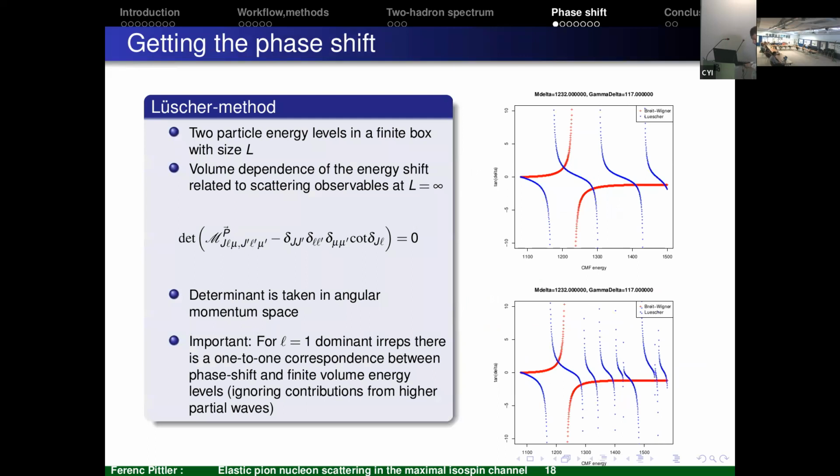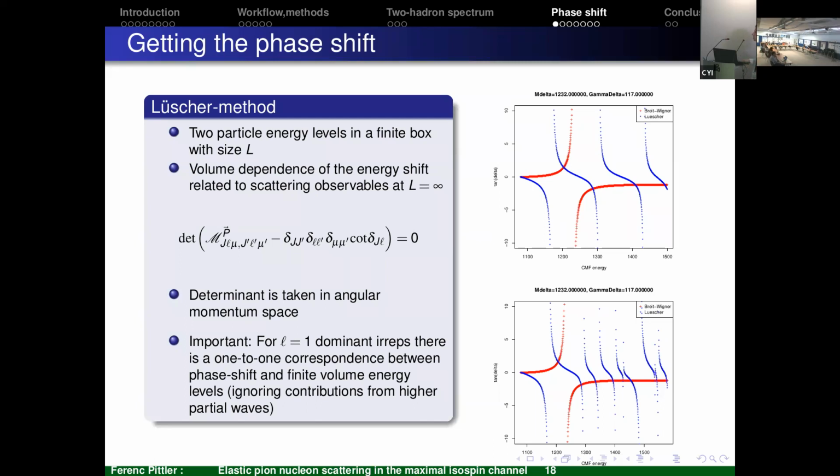Okay, so I have to be a bit faster. So what we have now done is what is written here: the two-particle energy levels in a finite box size L. What we have to solve now is the quantization condition that I mentioned already and showed examples of.